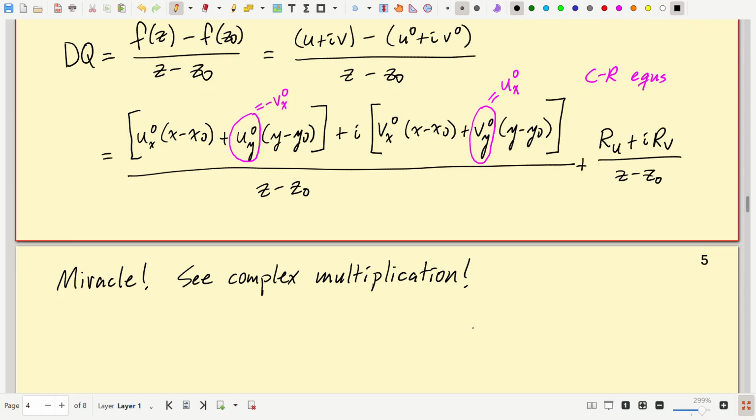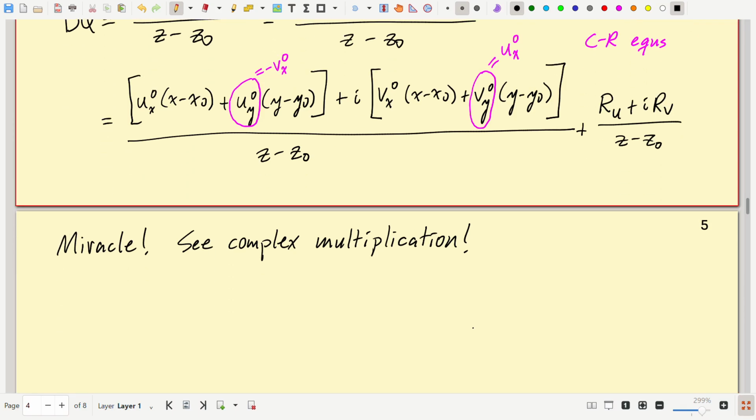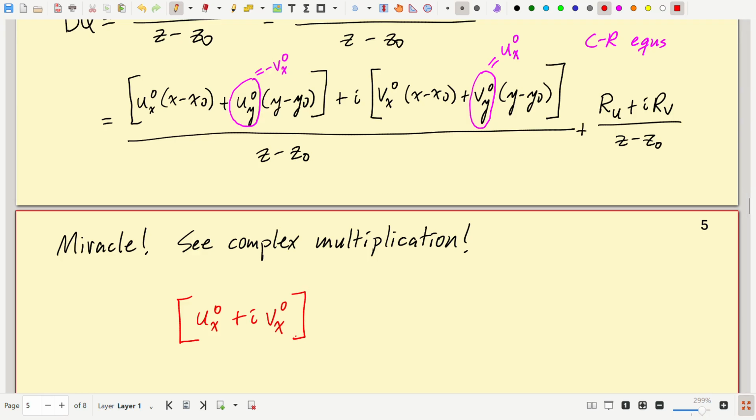In fact, that mess on the top there is red box number 1: du dx naught plus i dv dx naught, times x minus x naught plus i times y minus y naught.